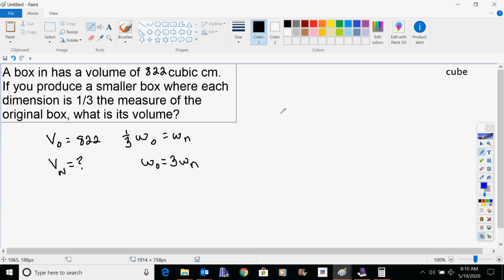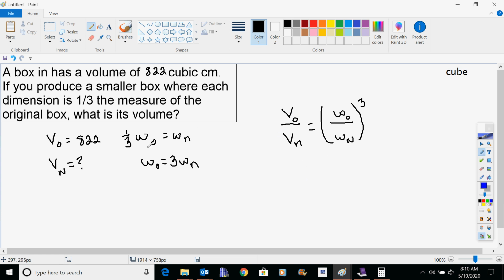So our volume of the original compared to the volume of the new equals the width of the original divided by the width of the new, cubed. Well, how is that going to help us? Because we have some things we can plug in here.